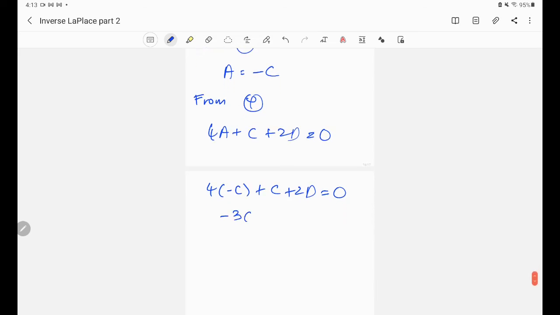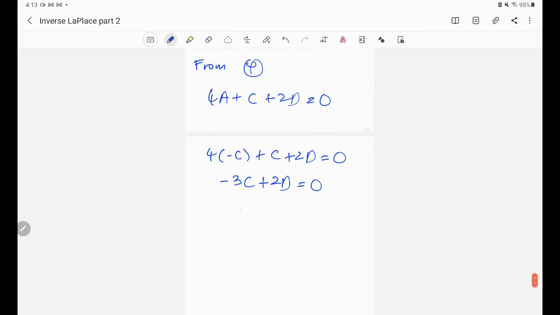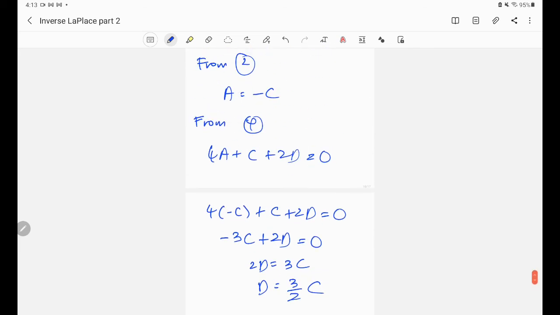So you have negative 3C plus 2D is equal to 0, 2D is equal to 3C, D is equal to 3 over 2 C. Okay, so we put this as number 6.